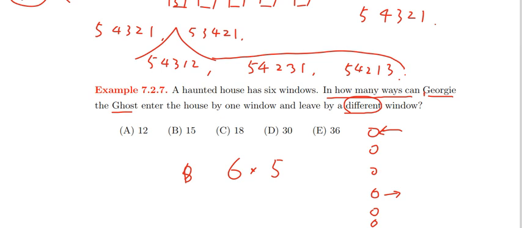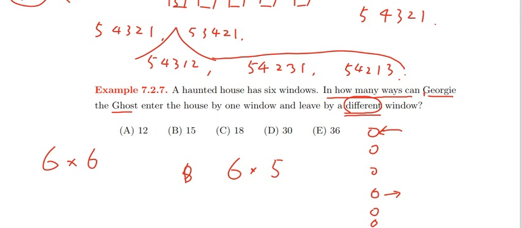If there's no such requirement, into the house by one window and leave the house by one window, how many ways? This should be enter 6, leave 6, right?